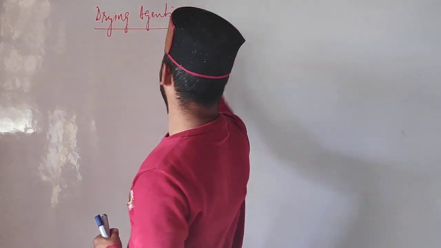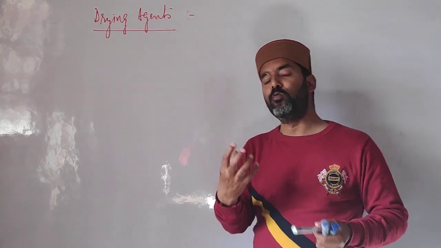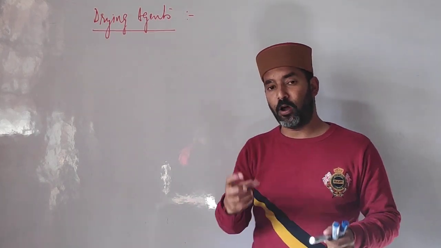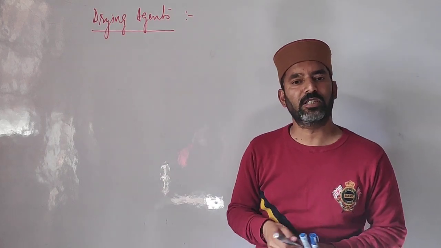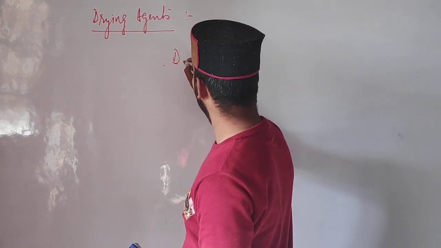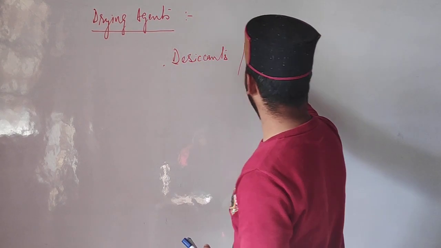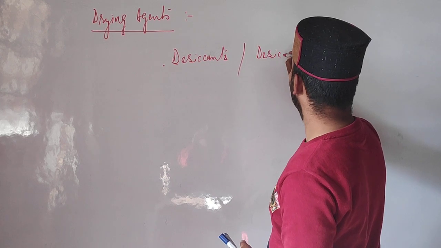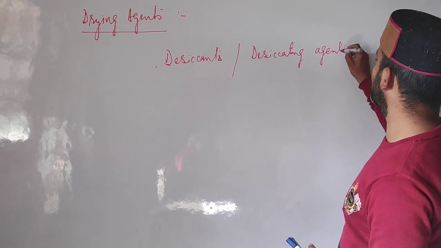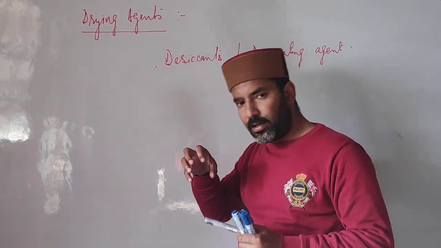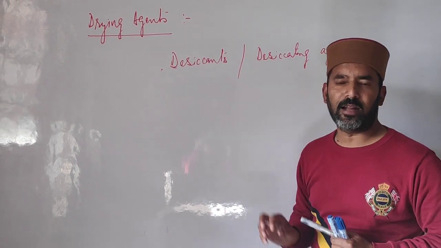So students, the substances which remove moisture from other substances are called drying agents, or these are also called desiccants or desiccating agents. So any substance which can remove moisture from other substances is called a drying agent.